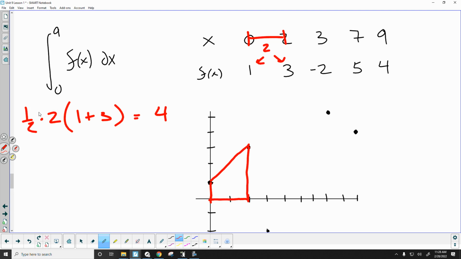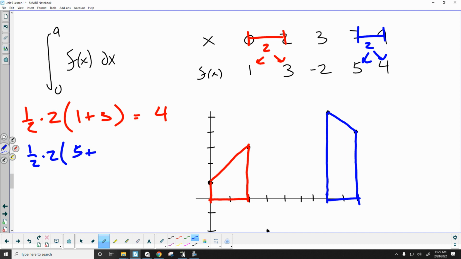For example, let's look at 7 to 9. Write down your width, using both of your heights. There's your trapezoid. Nine.